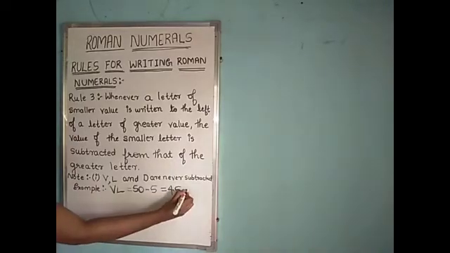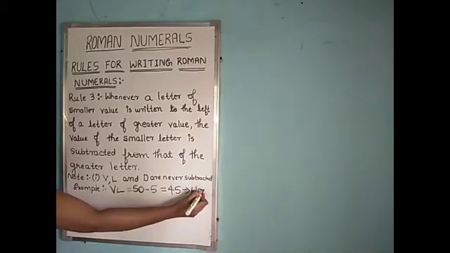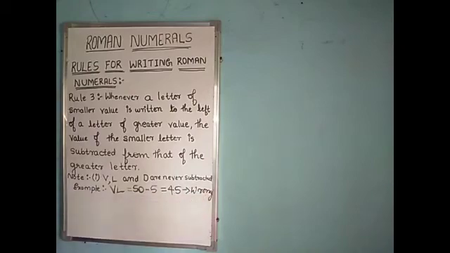But it is wrong, because V, L and D are never subtracted. We can't write 45 as VL in Roman numbers because V, L and D are never subtracted.